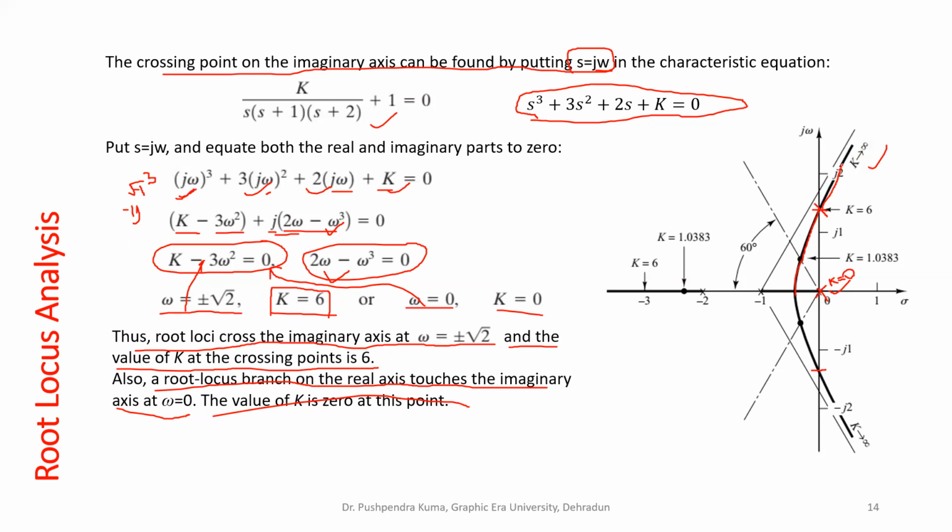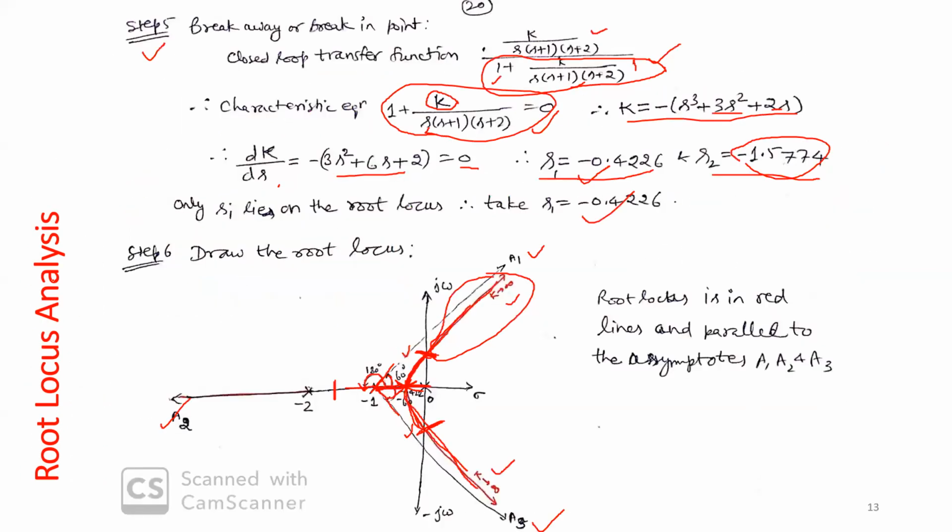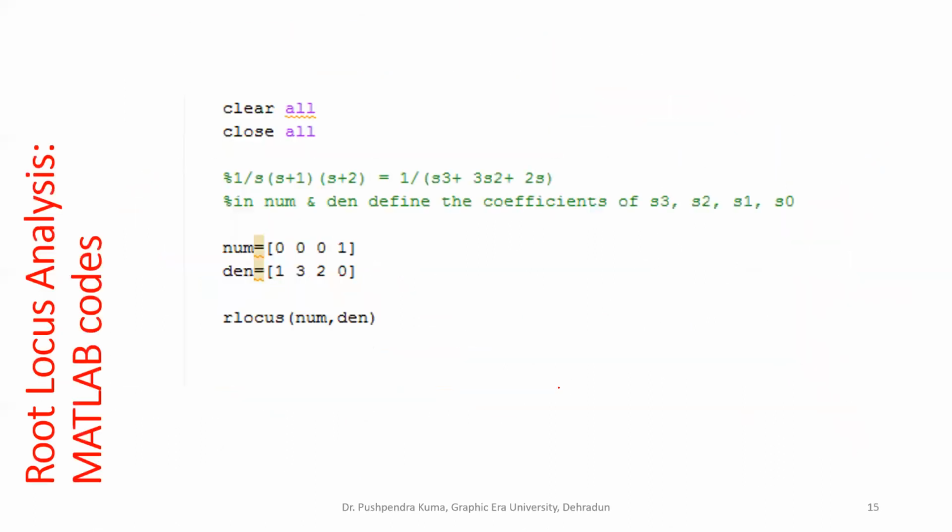So using this graphical representation, you can draw the root locus and predict the behavior of the output of your system. In MATLAB, if you want to check whether our drawn root locus is correct or not, you can check it there. This was our open loop transfer function without gain.